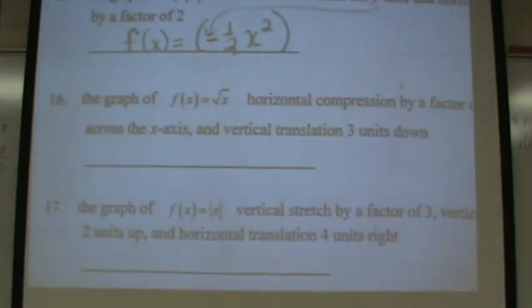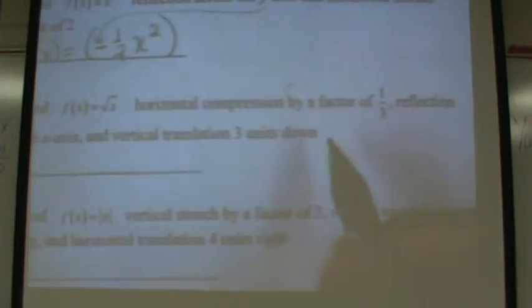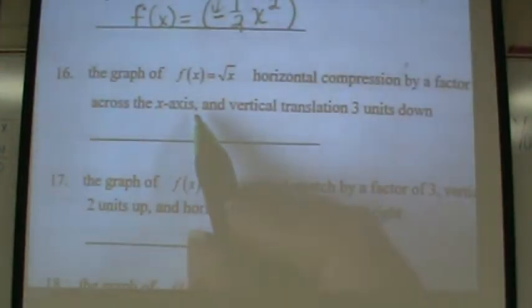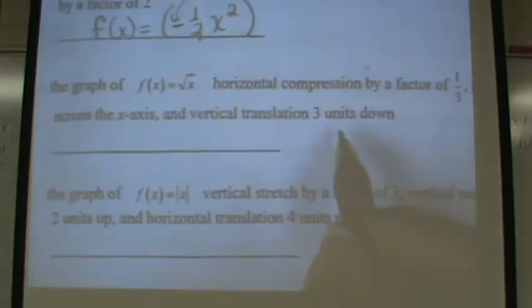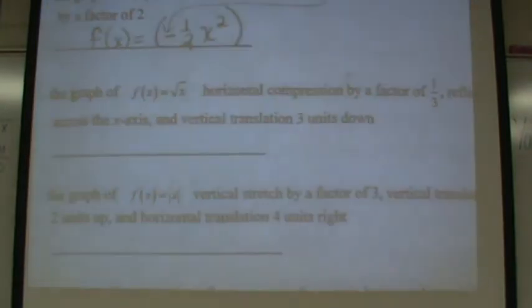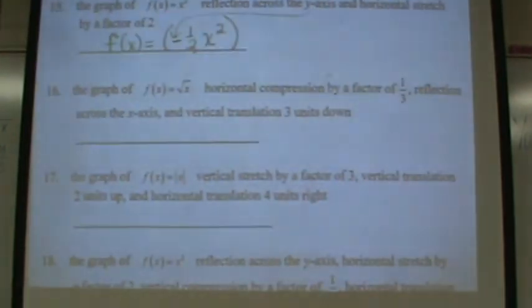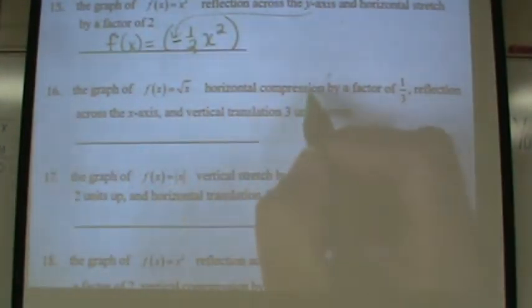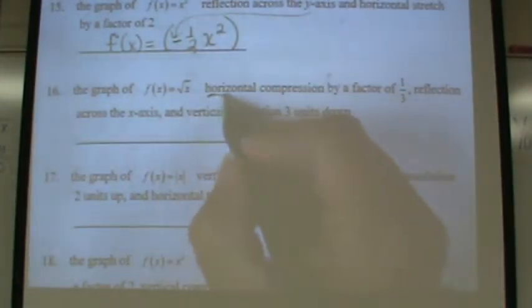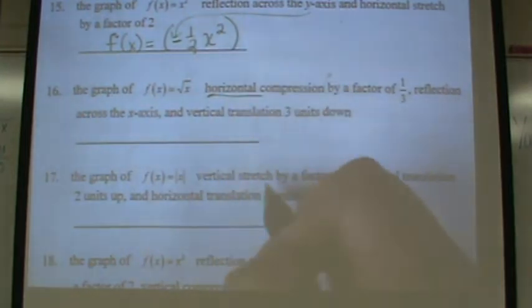Next one, 16. We're going to horizontally compress this by a factor of 1/3. We want to reflect it across the x-axis and we want to vertically translate it 3 down. So think for a second, we're getting harder. We want to horizontally compress this. What does horizontal do, inside or out?